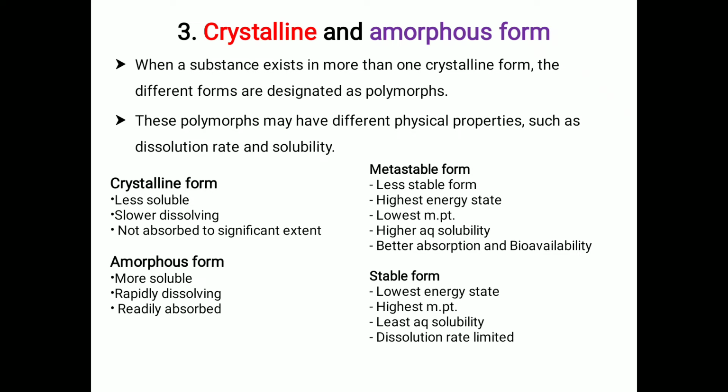These polymorphs may have different physical properties such as dissolution rate as well as solubility. Depending on their relative solubility, those polymorphs or crystalline forms can be divided into two categories, that is stable form and metastable form.